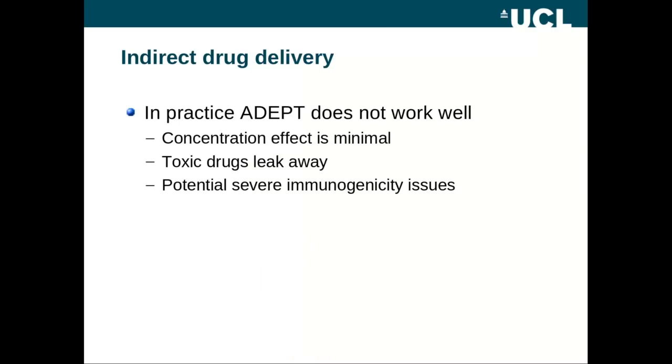There are also potential severe immunogenicity issues, because if the enzyme part is not human, then the human host will recognize this as non-human and will launch an attack against that enzyme, so that when you give it a second time, it really just doesn't work very well.